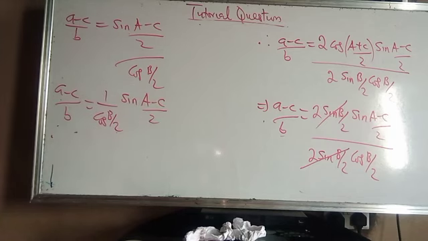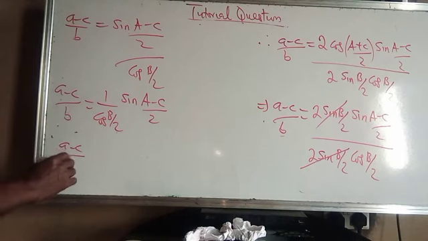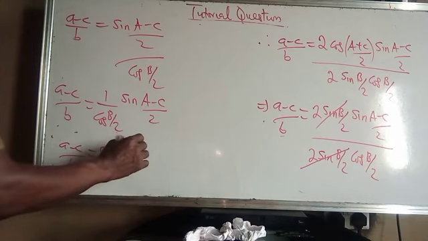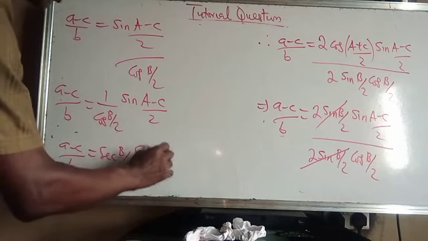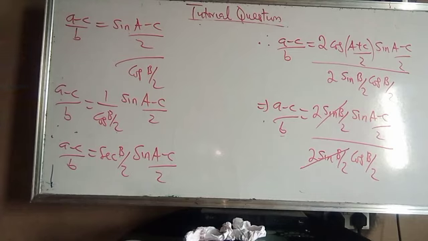The reciprocal of cos is sec. So (A minus C) all over B equals sec B all over 2 sine (A minus C) all over 2. So what do we have to find? We have to find that.